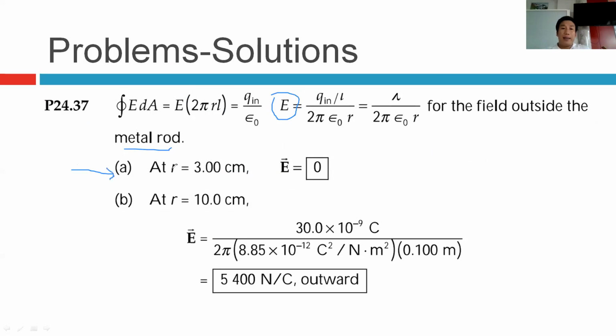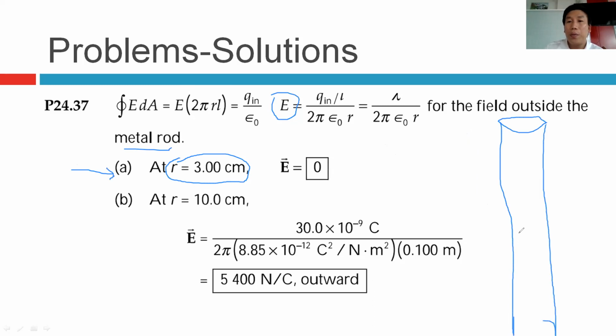In the first case, you have a long rod with a radius of 5 centimeters. But in the first case, they ask you to calculate the electric field at a distance of 3 centimeters.